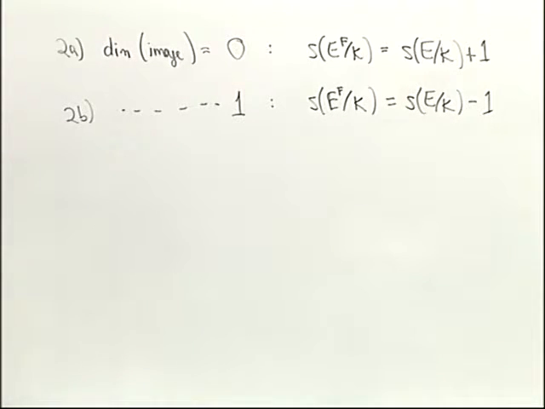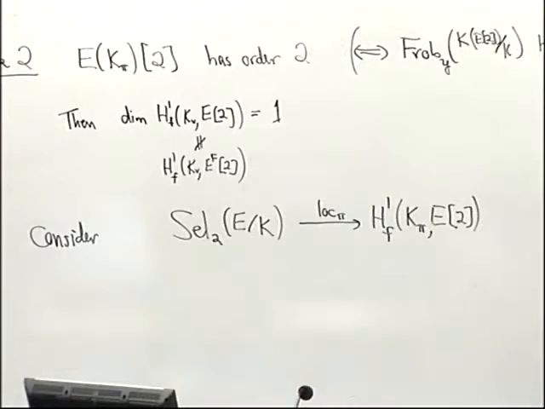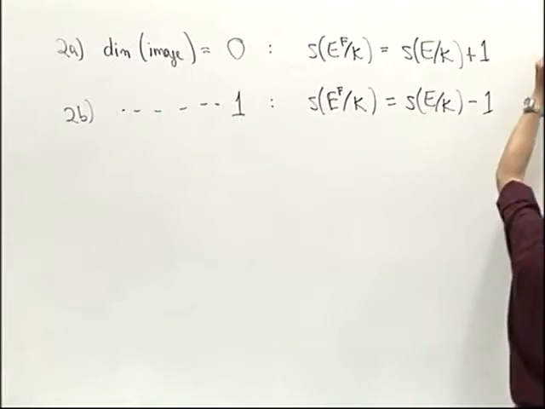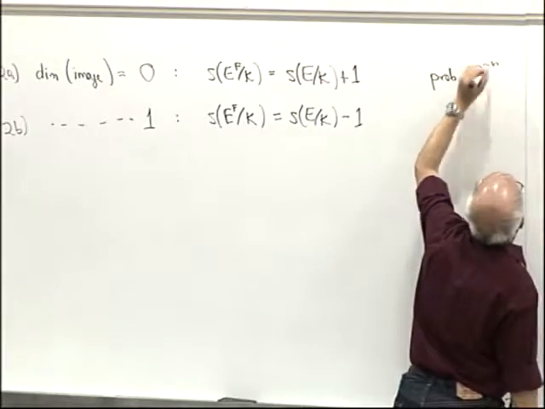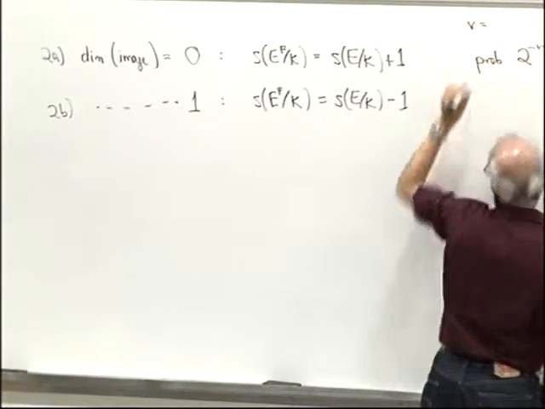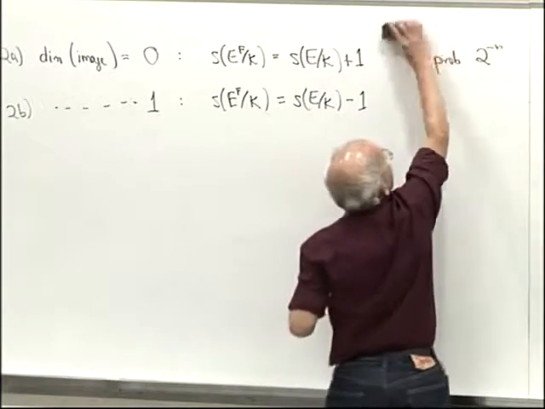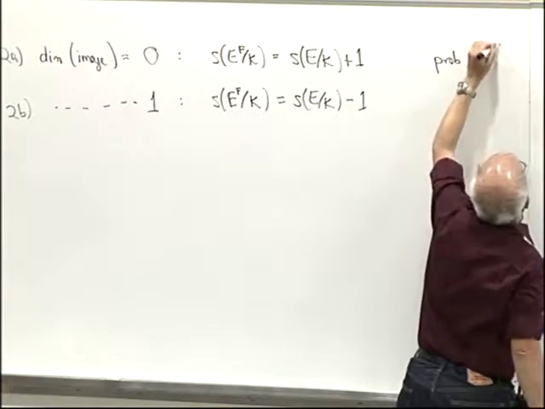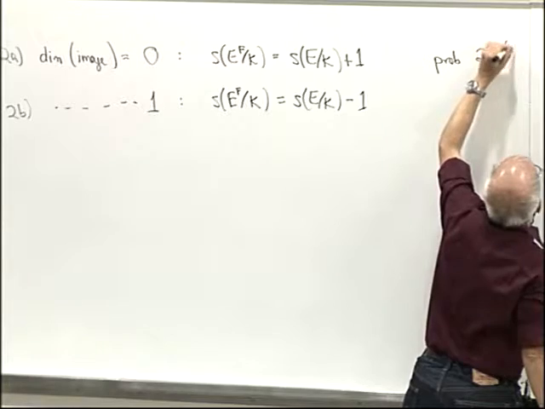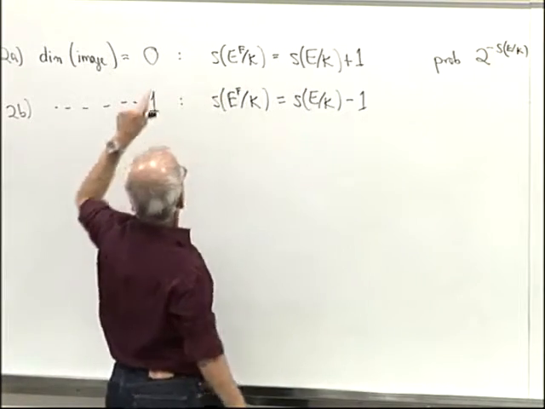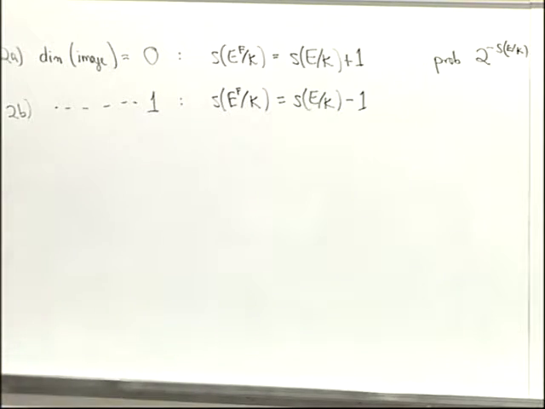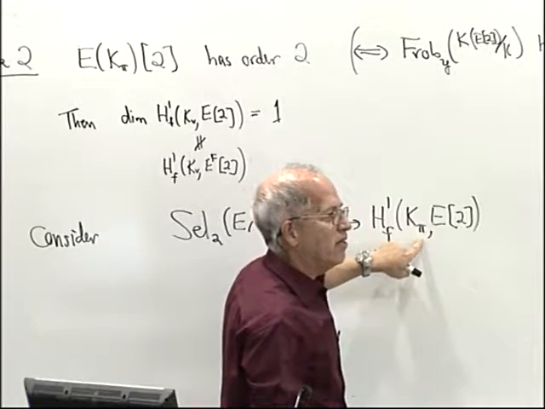Among this set of primes, this is going to happen with probability 2 to the minus s of E over K, where s is the Selmer rank. If you think about it, here we have an s-dimensional vector space mapping into a 1-dimensional vector space.